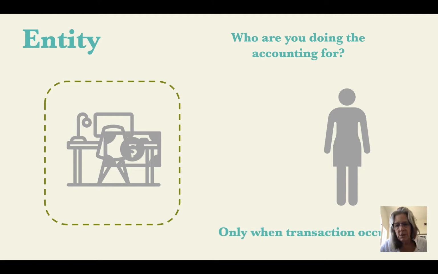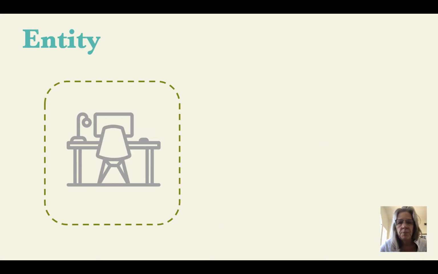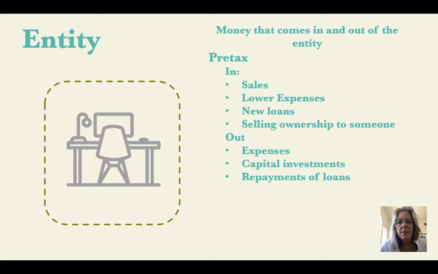In an accounting system, this is only when transactions occur, but when we're doing a forecast, we want to be considering things into the future. So we want to account for all the money that comes in and out of the entity. There's a concept associated with that, the pre-tax. The things that come in have to do with higher sales or lower expenses.